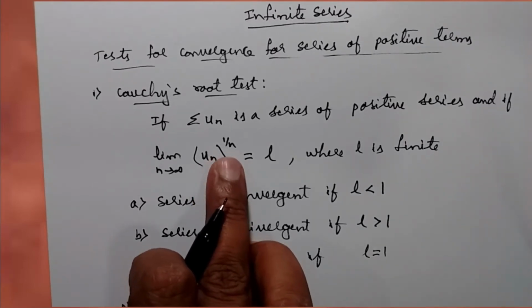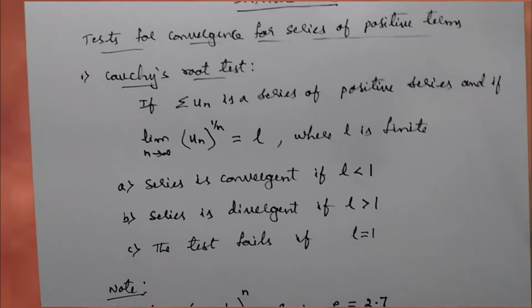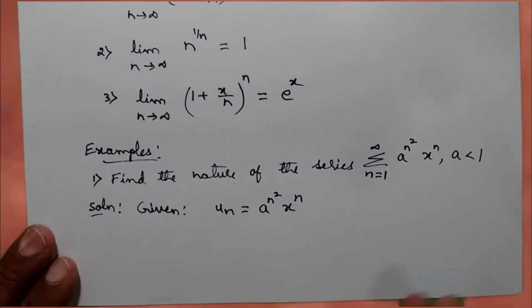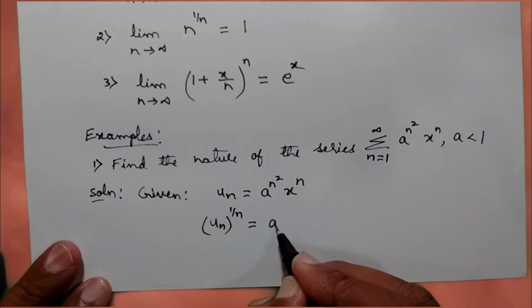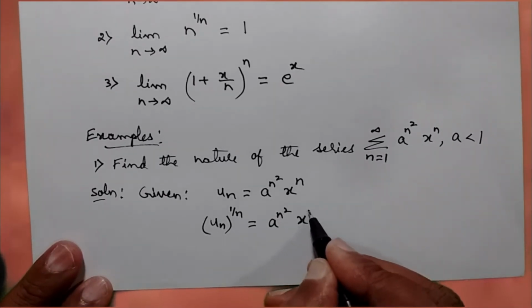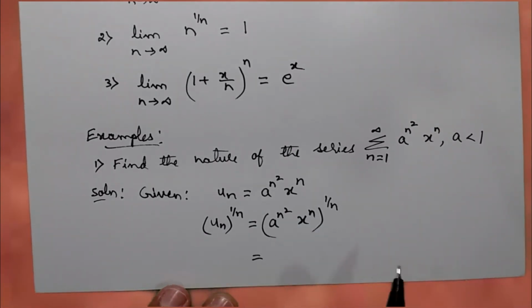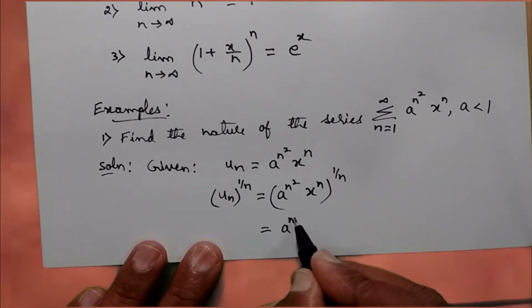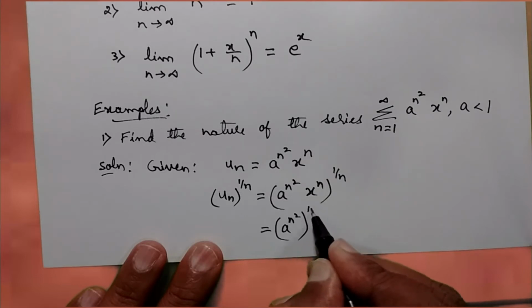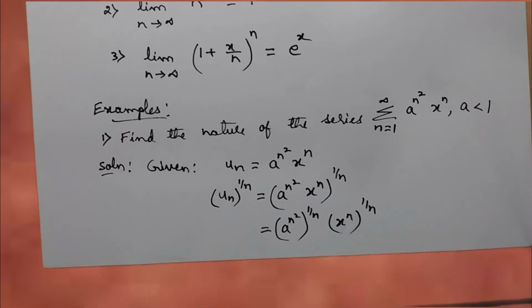So raising both to the power of 1 by n, a to the power of n square times x to the power of n, raised to the power of 1 by n, equals a to the power of n square whole power of 1 by n, times x to the power of n whole power of 1 by n.